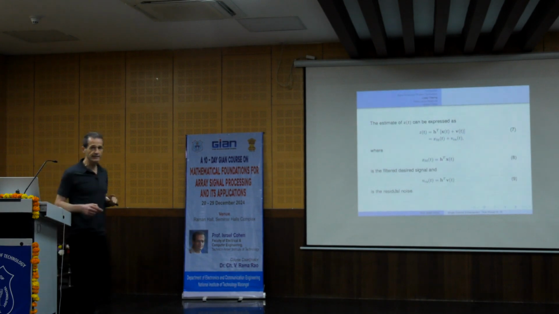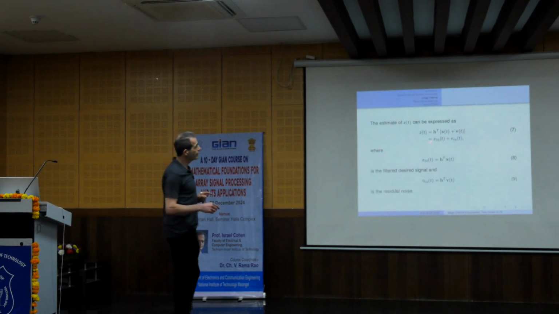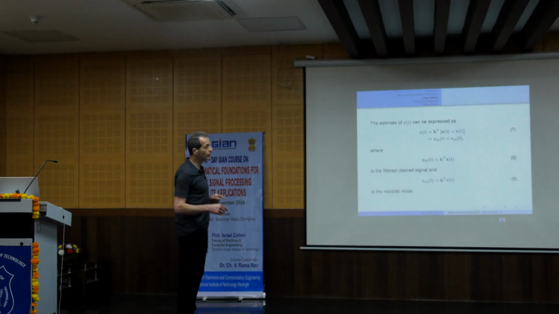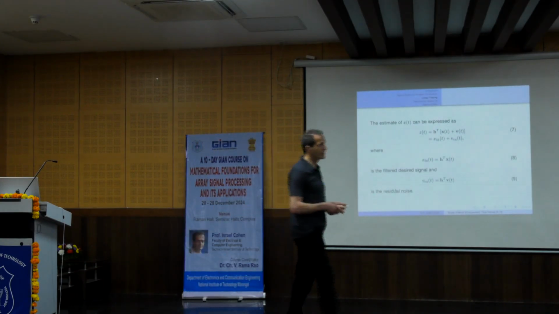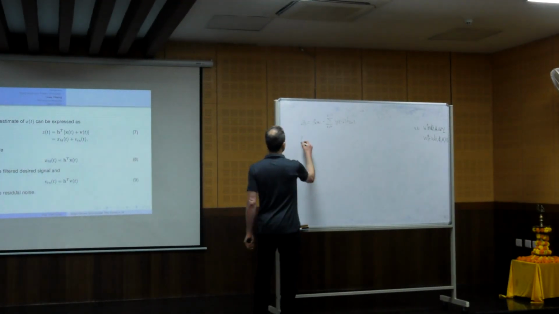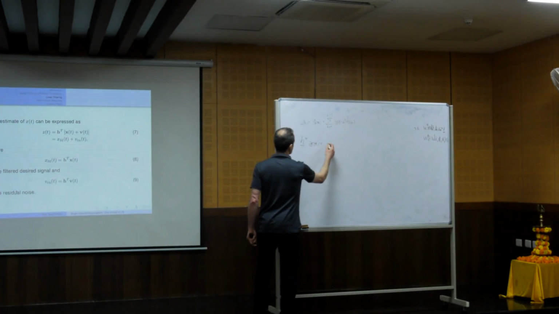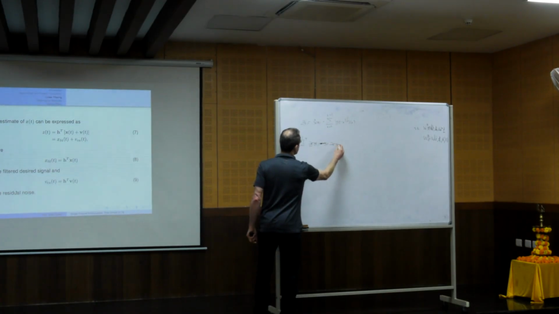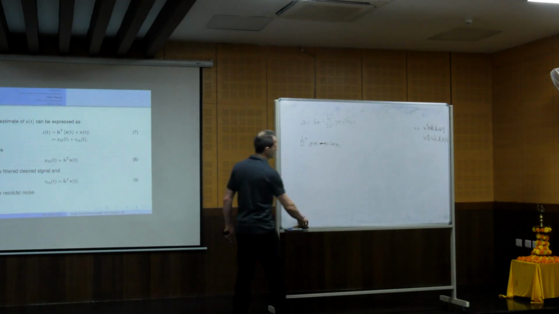So ideally, we want the filtered desired component, H transpose x, to be equal to the original clean signal sample x at time t, or as close as possible to it. This is what we want to have.